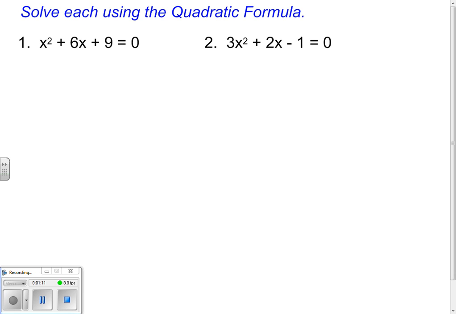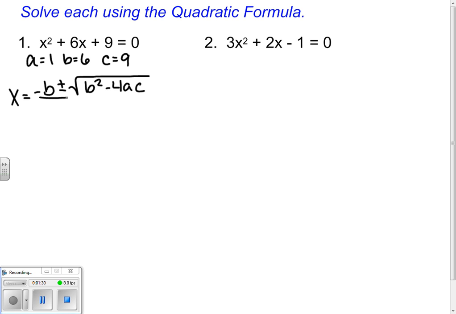So number 1, this already is set equal to 0. So pull apart your a, b, and c values. So my a value is 1, my b value is 6, and my c value is 9. The formula is negative b plus or minus the square root of b squared minus 4ac all over 2a.